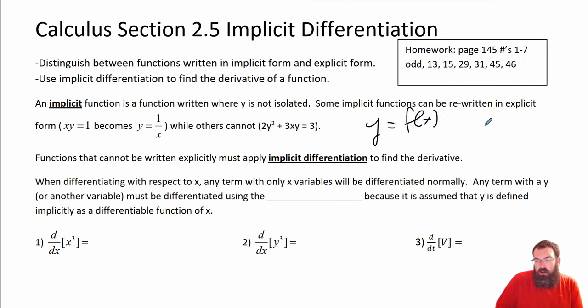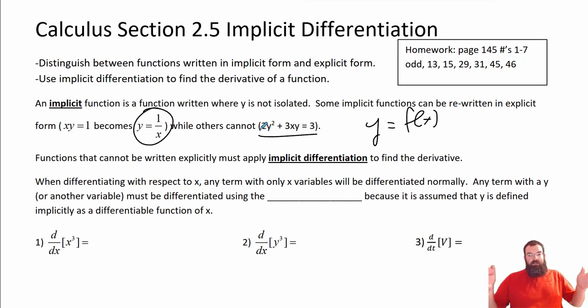But now we're going to have other functions where x's and y's are together, and there might be other y's somewhere in the problem, so I can't say y is equal to x's. I can't do that. So this is where implicit differentiation comes in.